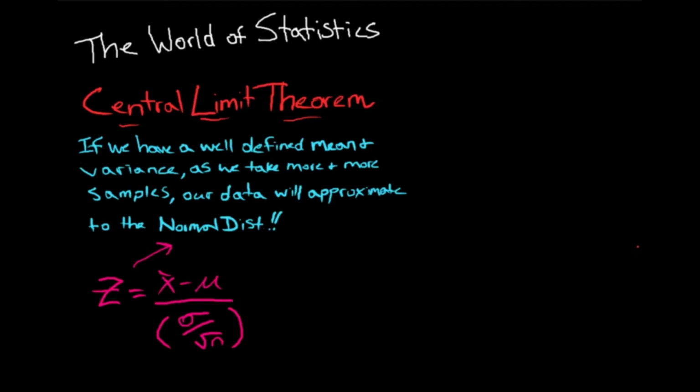So this is the formula when looking at the central limit theorem: z equals x bar minus mu, the population mean, divided by the standard deviation of the population, divided by the square root of n. We will walk through a couple examples of using this formula and showing you how the central limit theorem works.